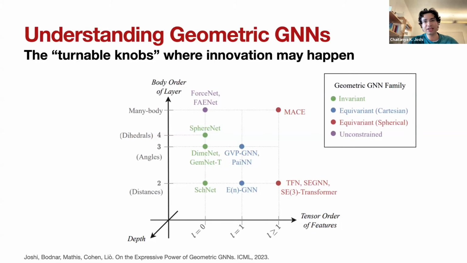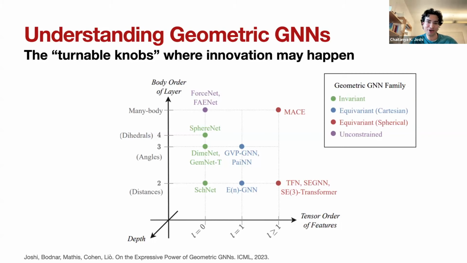We've tried to categorize these architectures in terms of 3 axes of expressivity, or theoretical capabilities of these architectures. The first one is the body order of the layer, which essentially means how many of your neighbors you use to compute some invariant scalar features at each layer for every node.